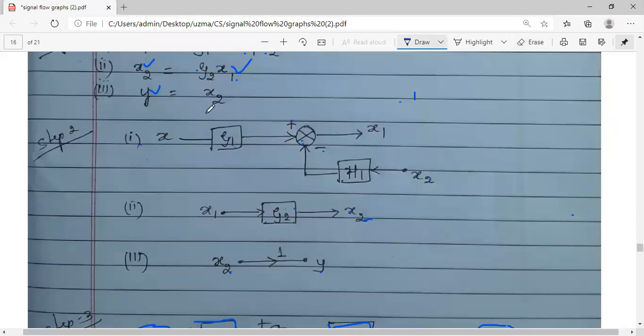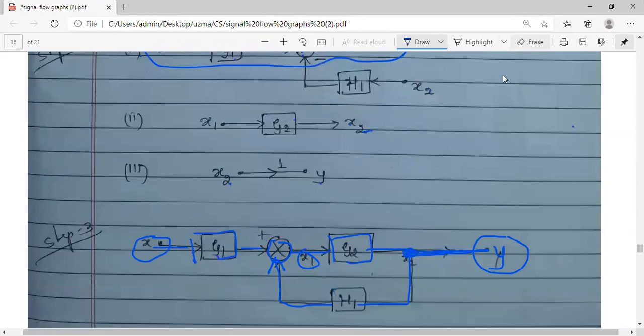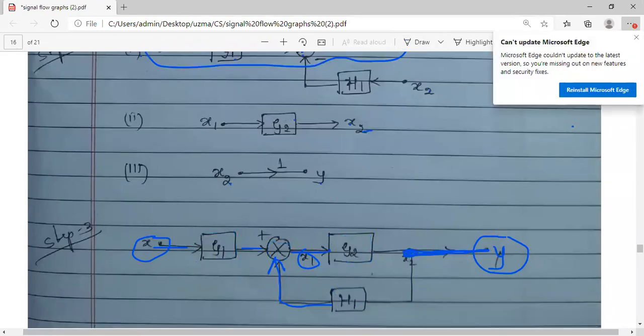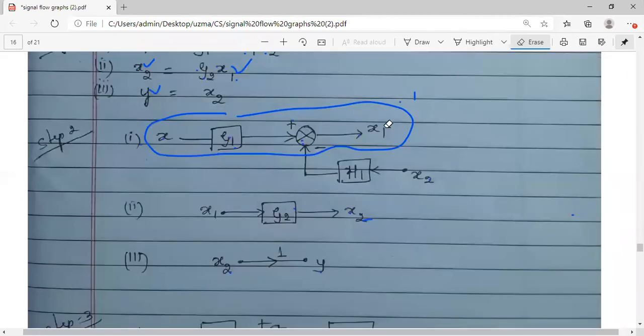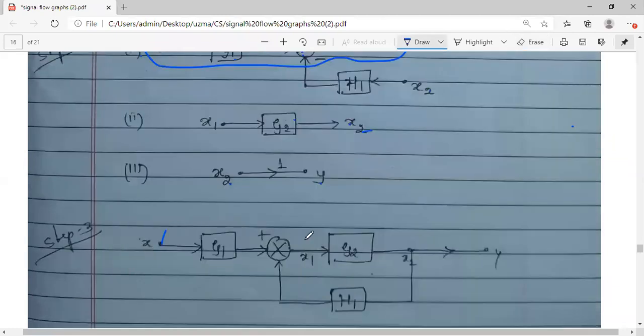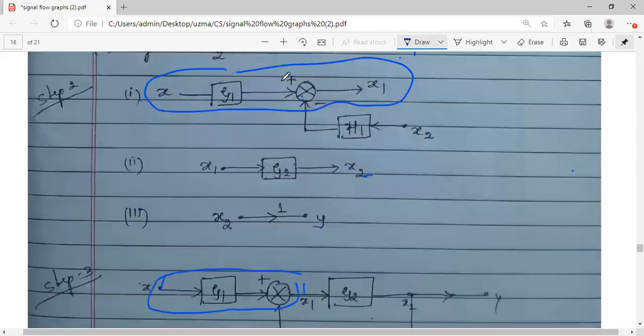First what I did, till this I have drawn as it is. You can see in the final. So from x to x1 as it is I have drawn. From x to x1, up to x1, this structure is the same.